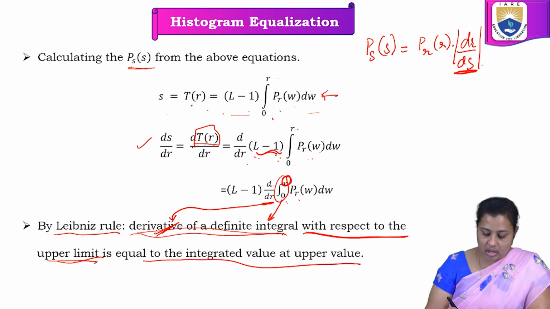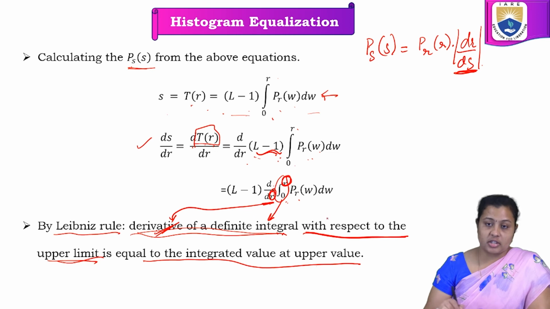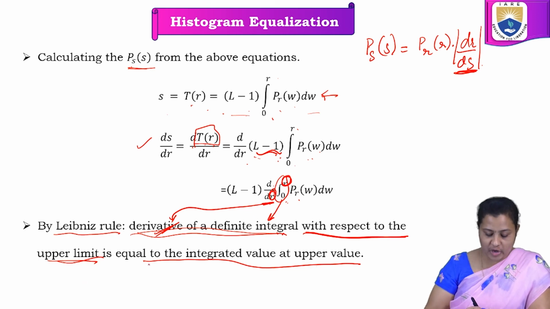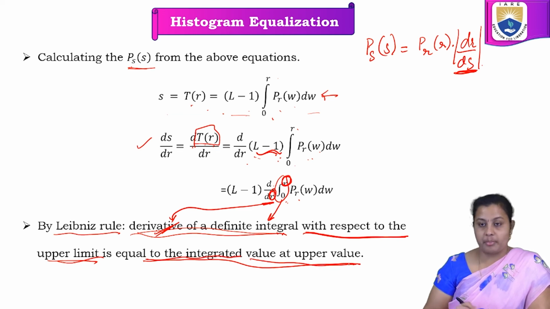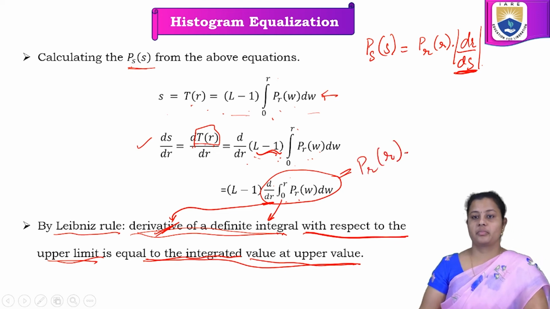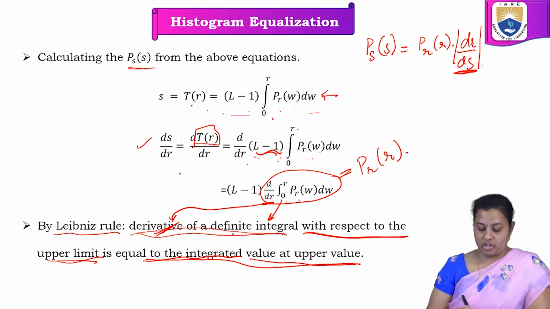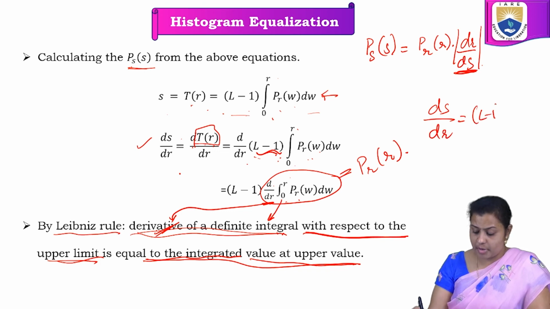The upper limit is R here, so the derivative is also performed with respect to R. If this derivative happens, it is equal to the integrand evaluated at the upper limit. So this whole expression is equal to PR of R. So we get the derivative of S with respect to R is equal to L minus 1 times PR of R.